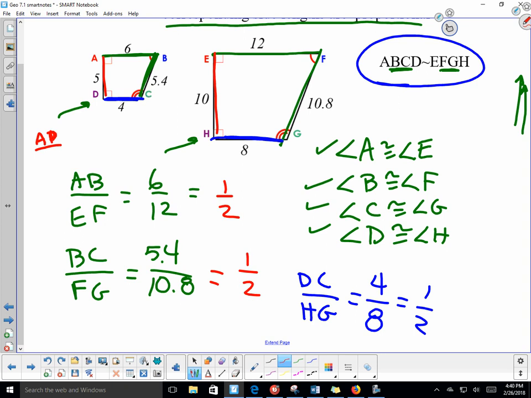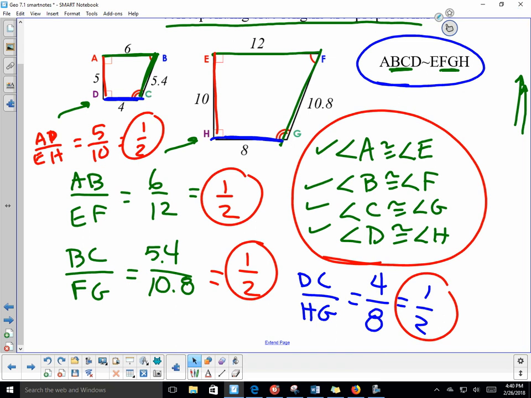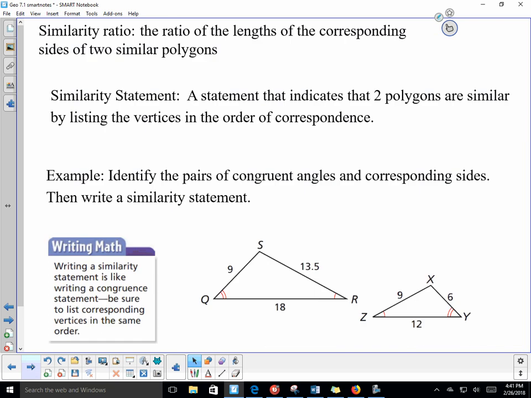AD is to EH, and that is 5 over 10. So again, all of these are reducing to the same fraction of 1/2, so that means that the sides are proportional. So the angles are congruent and all the sides are proportional. So yes, the two quadrilaterals are similar.